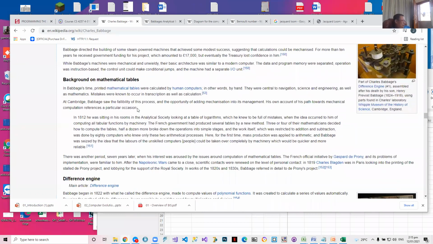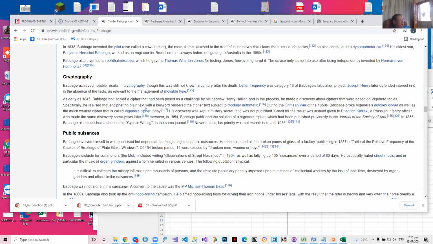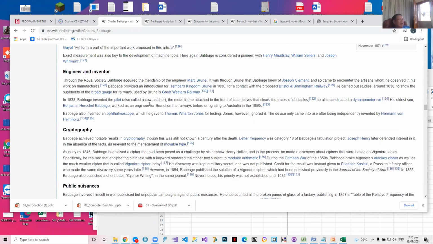So in terms of computing and computer architecture, nothing happened since 1837. Because when Ada Lovelace died, she died young, no? After Ada Lovelace's death, nobody paid interest to the work of Charles Babbage. For them, it's useless to write programs on such a machine. Okay? So it was laid to rest.